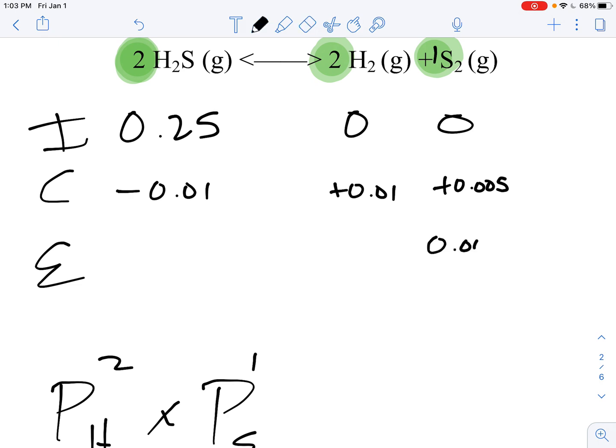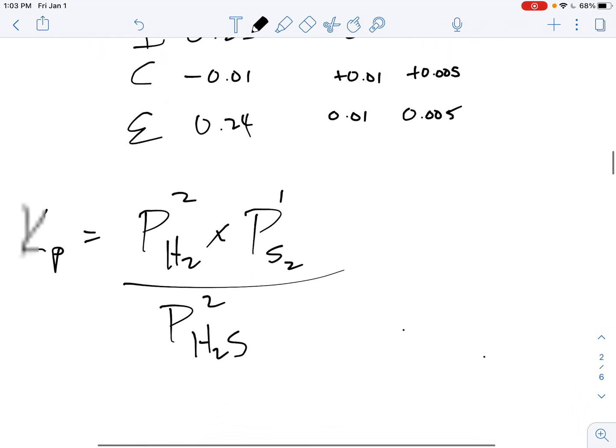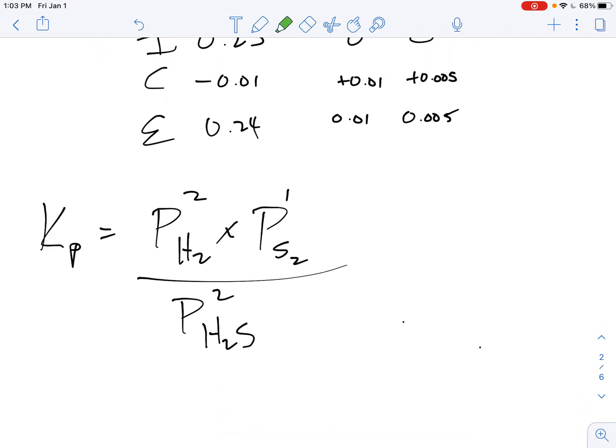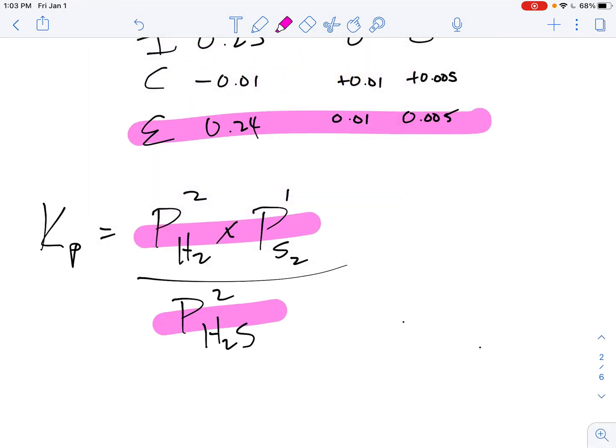So then when you're all said and done, this guy here ends at 0.005, this guy here ends at 0.01, and this guy here ends at the 0.24. You now have all of the numbers that you need in order to take these guys and plug them in to here and here, because again, it is equilibrium that only goes in that equation.